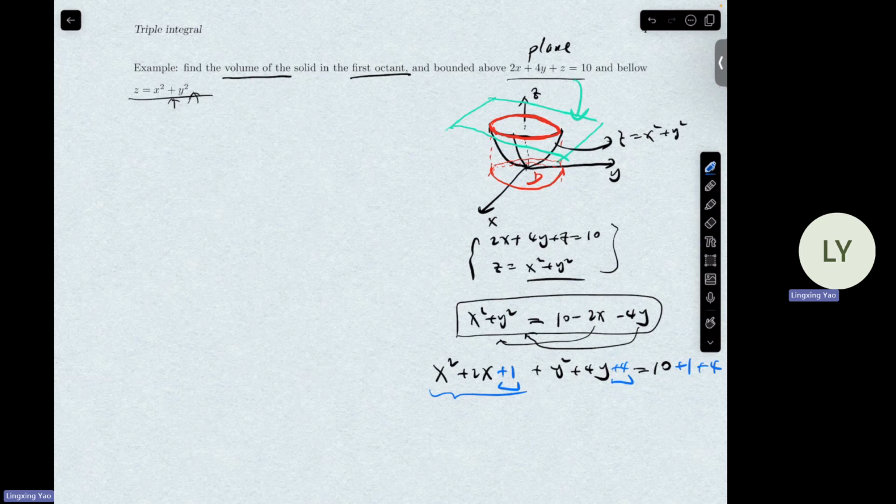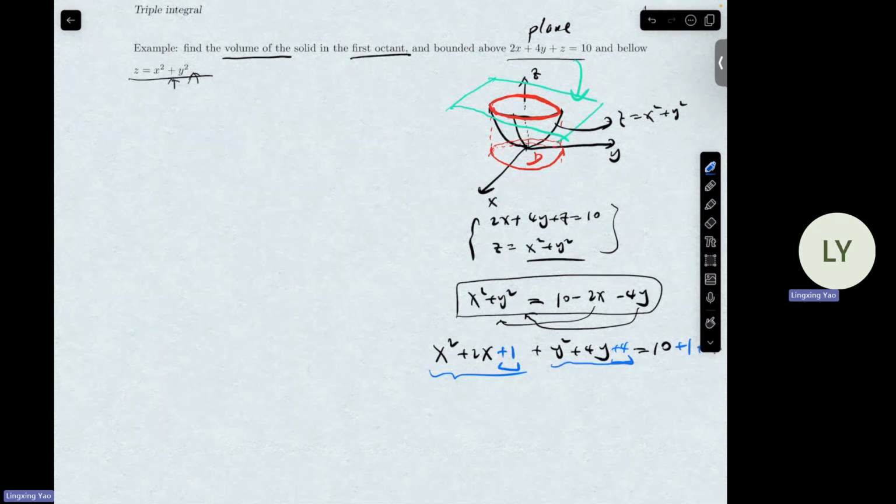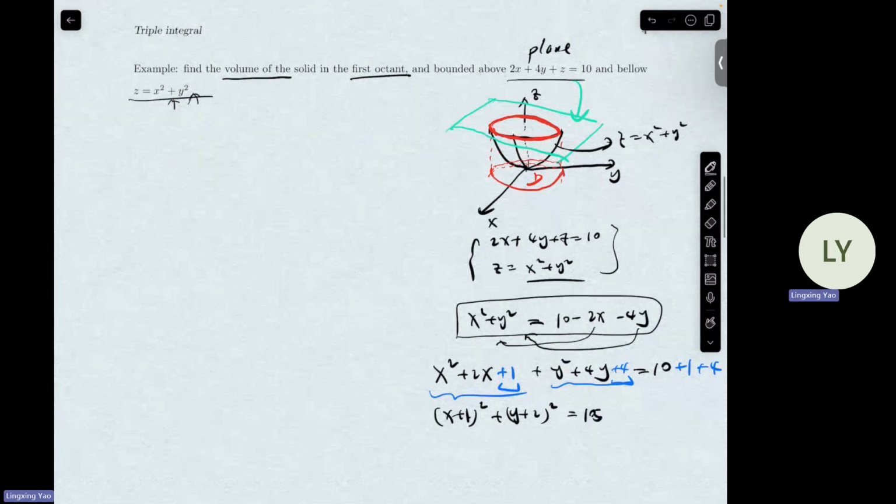So we add 2 constants on both sides, and then we can complete the square for those 3 terms each. So this becomes x plus 1 squared plus y plus 2 squared. This is equal to 10 plus 1 plus 4, which is 15.